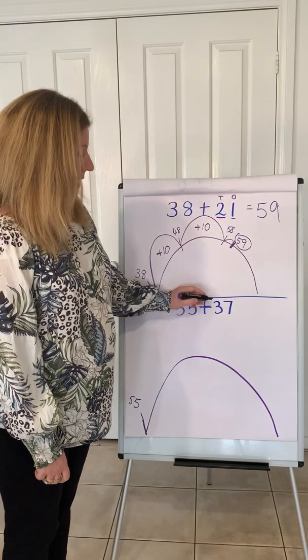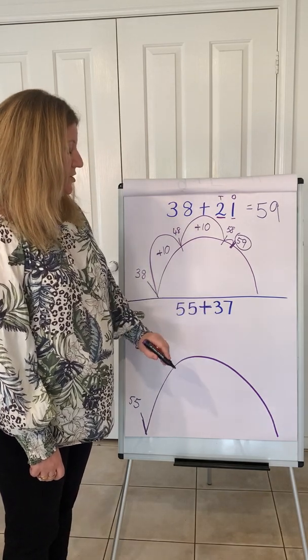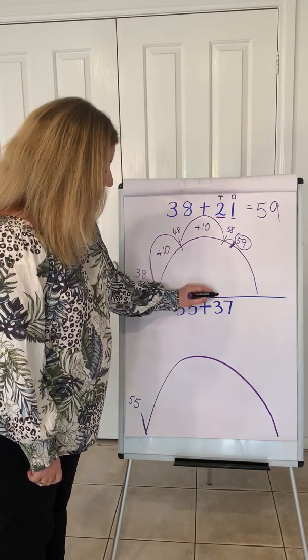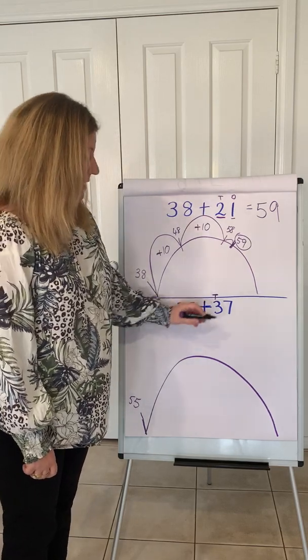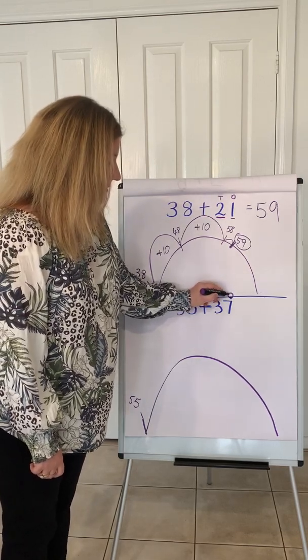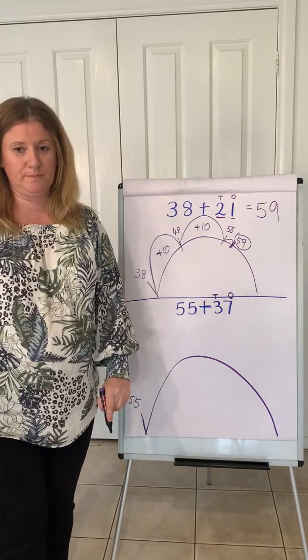Okay. How many 10s in 37? Well, there's a 3 in the 10s column and there is a 7 in the ones column.